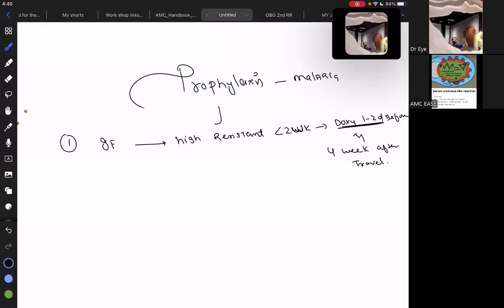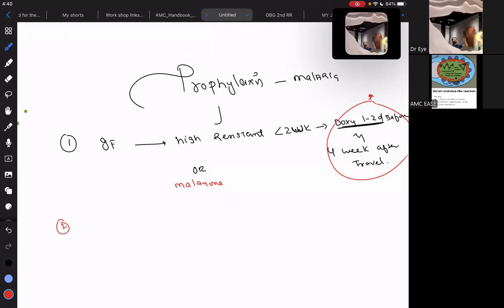Please remember that, this is the question they will ask you: 1 or 2 days before, and 4 weeks after travel. Or you can give Malarone. Please remember this, if the patient is going to high resistant areas for less than 2 weeks.